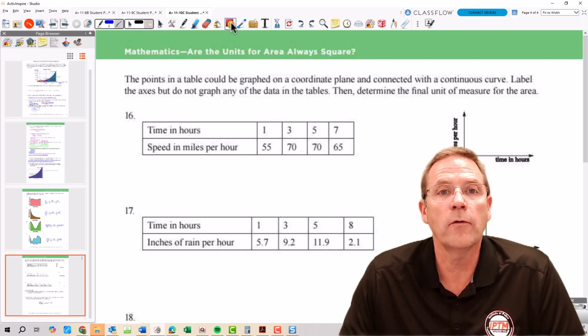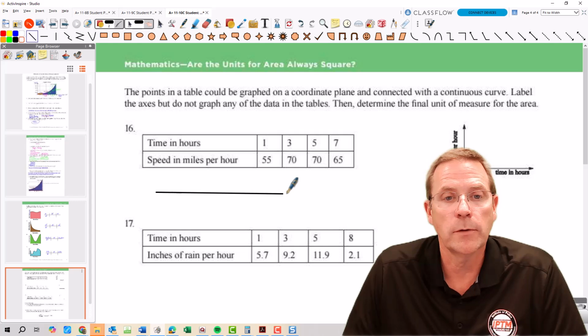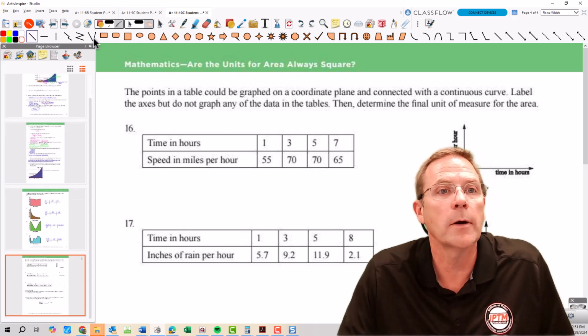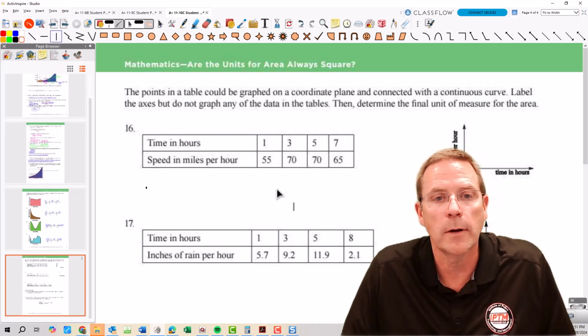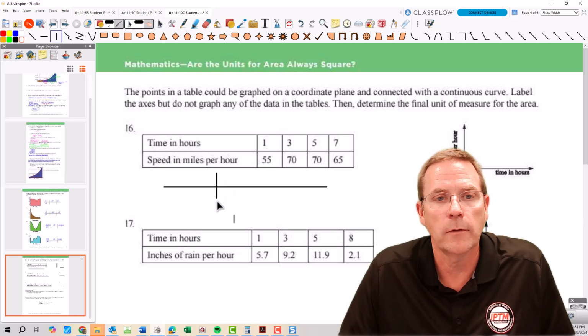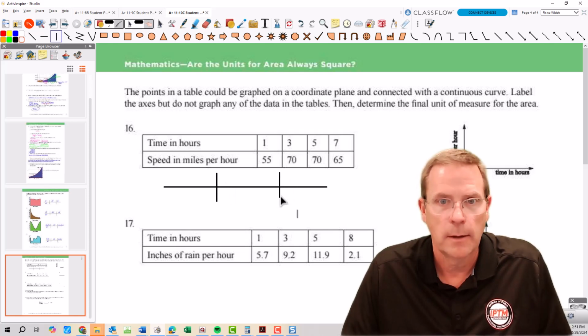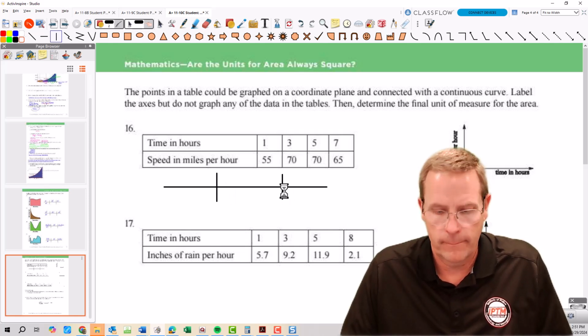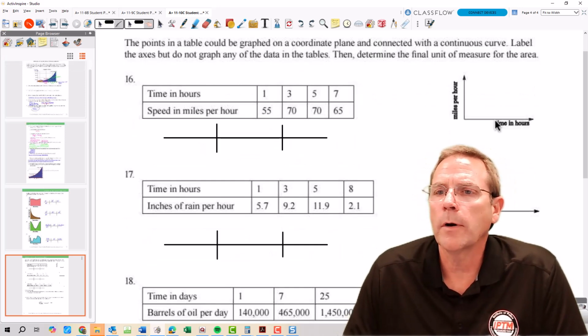So I'm going to start off by setting up a dimensional analysis table. Whoops, that's not the one I wanted. I want a nice horizontal line right here. I said I want a nice horizontal line right here. And then we're going to stick in a couple of vertical lines just to make it nice and neat. And then I can start plugging in what I have.